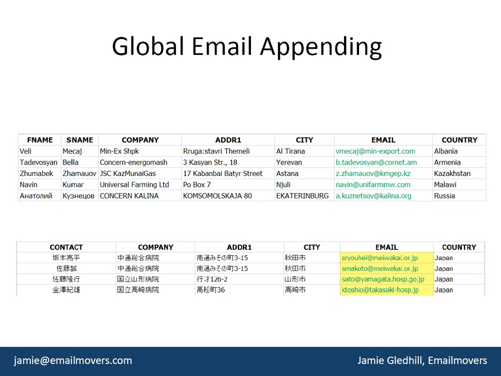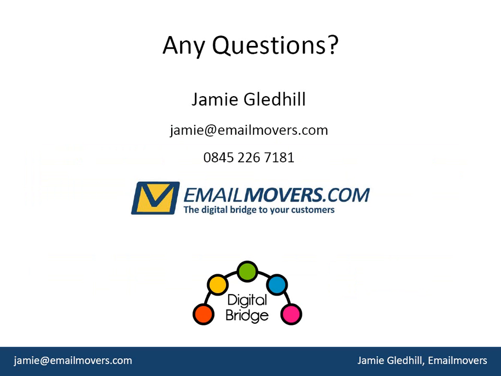So a degree of translation is needed there before you get the English characters in the email address. That's quite powerful as well. And that is the digital bridge to your customers.